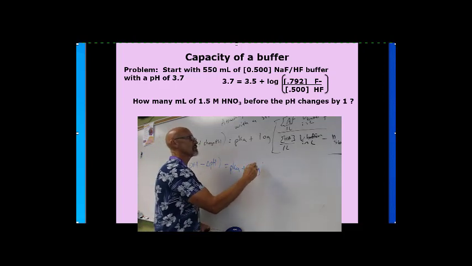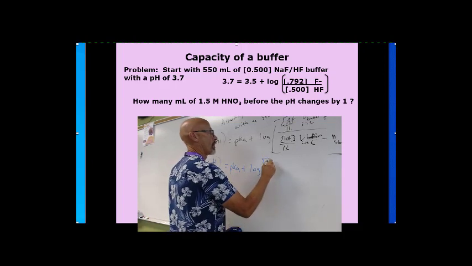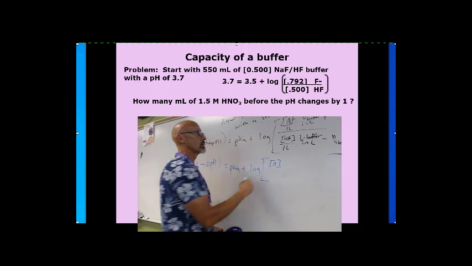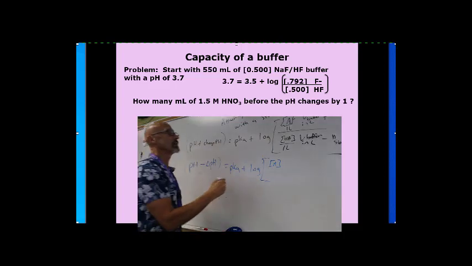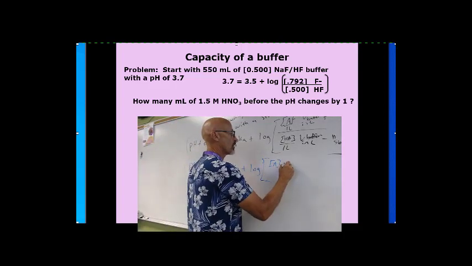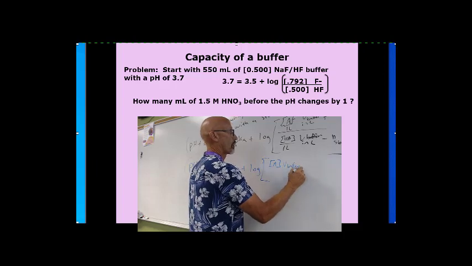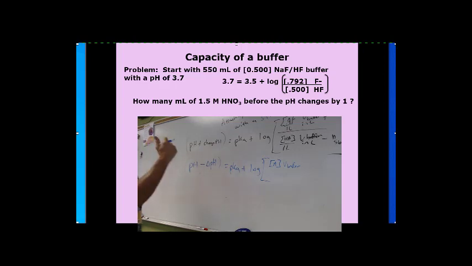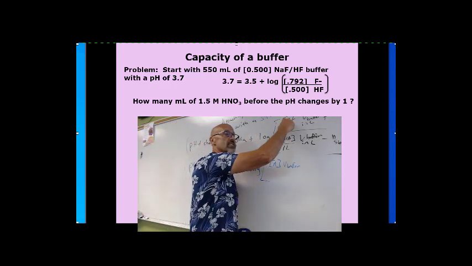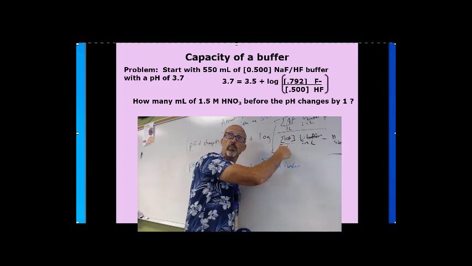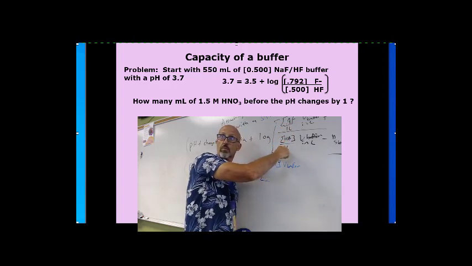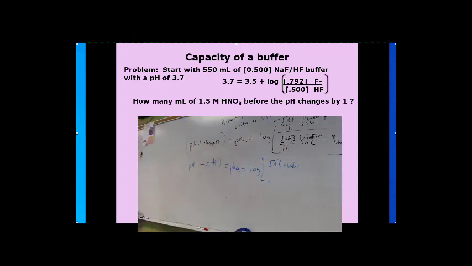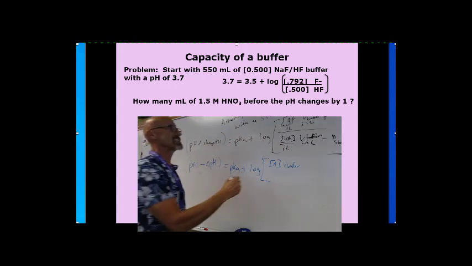Plus log of, you know, the A over the, that's always 1 liter, times the volume of the buffer. Now what's going to happen when I attack with a strong acid? It's going to consume this, and it's going to create more of this. Make sense? So then these just change signs.